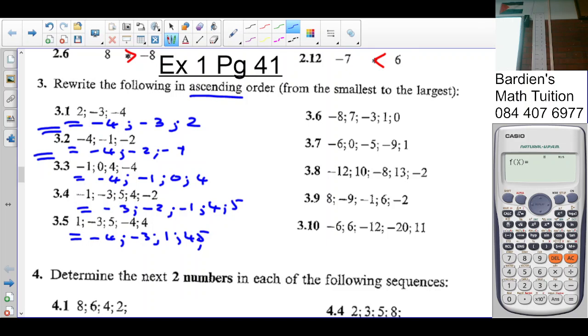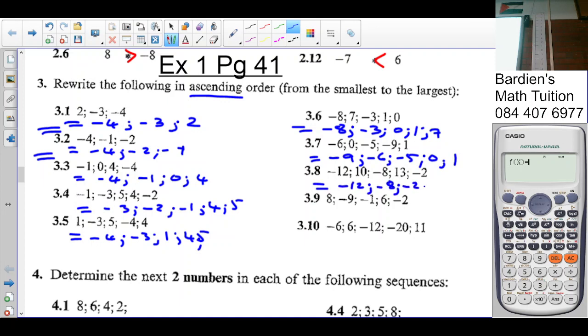The next one, negative 8, negative 3, 0, 1, 7. The next one, negative 9, negative 6, negative 5, 0, 1. Negative 4, negative 8, negative 2, negative 9. And the last one is negative 20, negative 12, negative 6, 6 and 11.